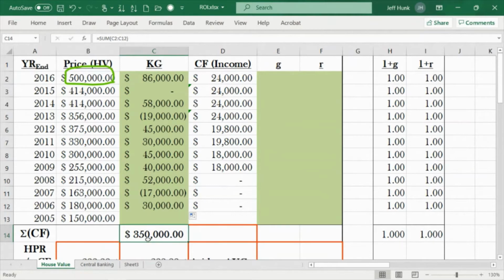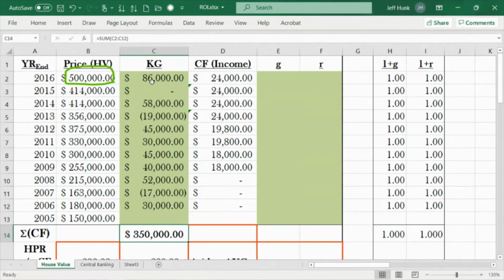So the sum of all the capital gains is 350,000. This is because I already entered this formula there. Sum from here to here, right? And then of course you can tell the sum of all the cash flows. You can tell also simply this minus this is also 350K.